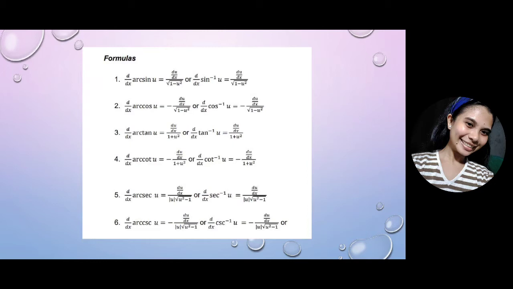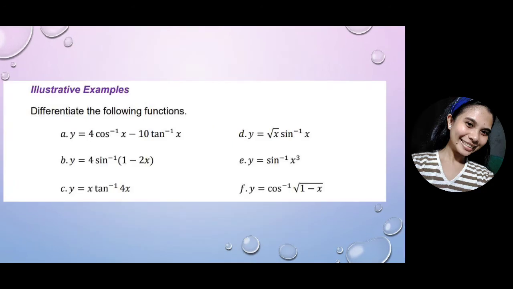We have them for sine, cosine, tangent, cotangent, secant, and cosecant. The following are the illustrative examples that we are going to solve in the next slide. So keep on watching and listen for more explanations in solving the problem in terms of derivative of inverse trigonometric functions.